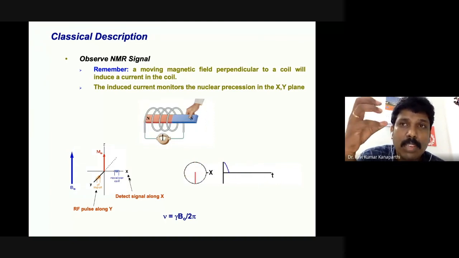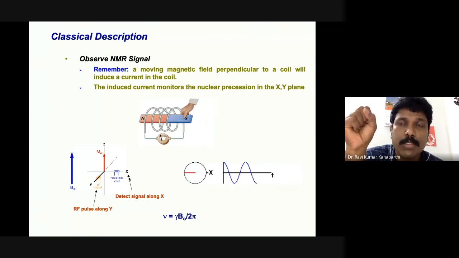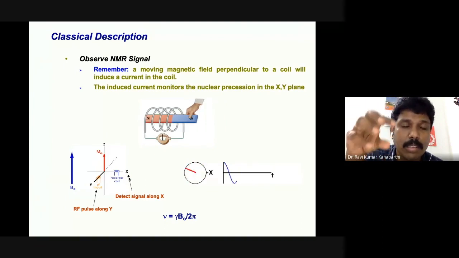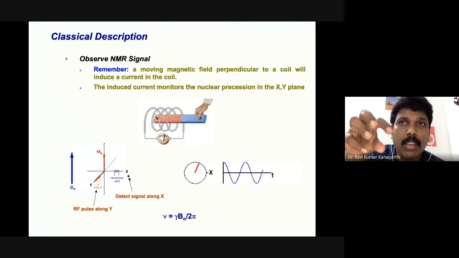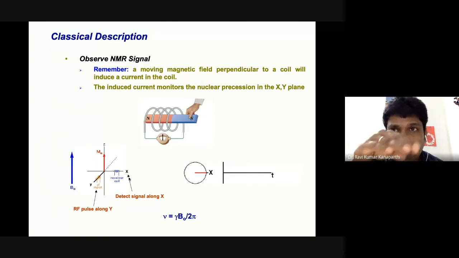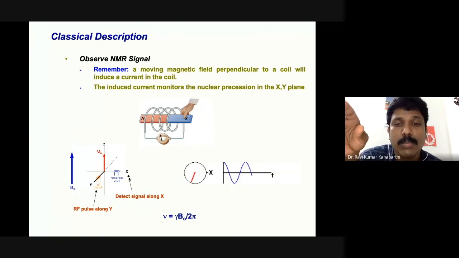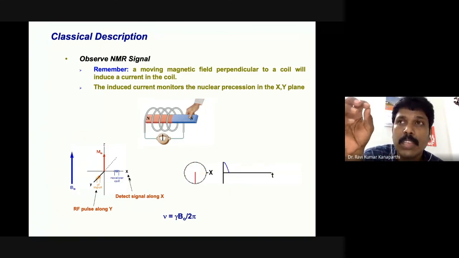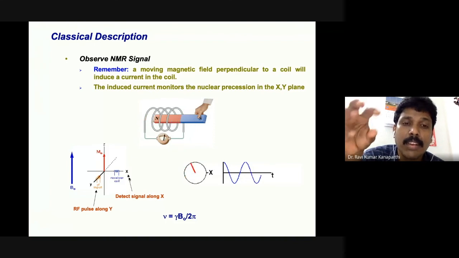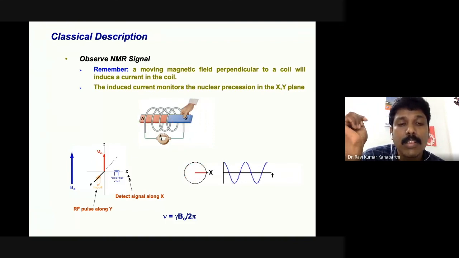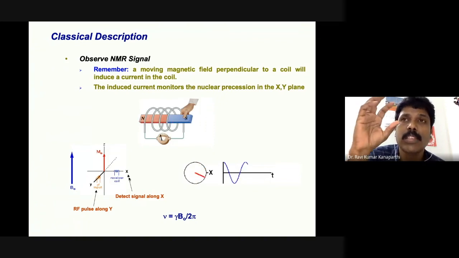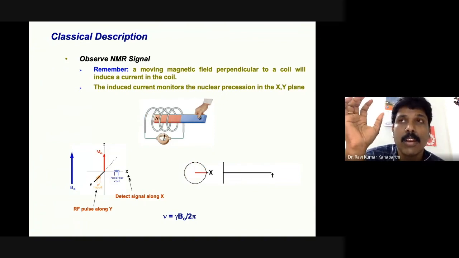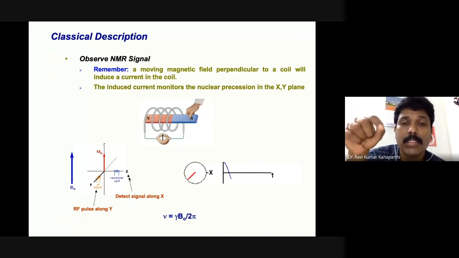The receiver coil will observe, after stopping the radio frequency pulse, how this net magnetization vector is changing and going back to its original position. That is related to the inherent property of the nuclei under investigation. So the coil will record the signal. How it records it, the principle is already in this slide, you can see it very nicely.